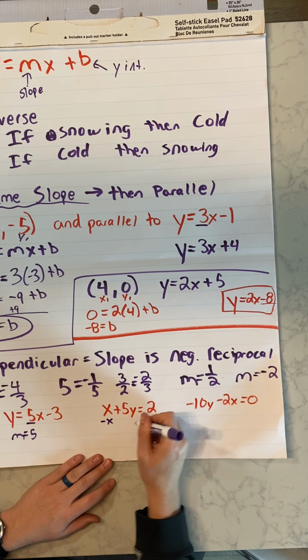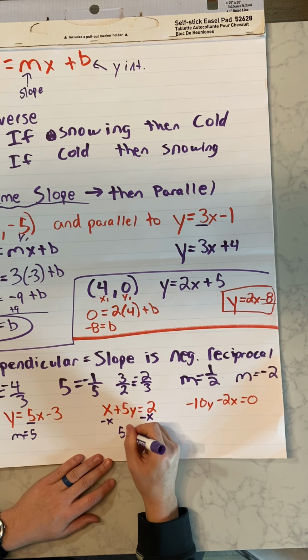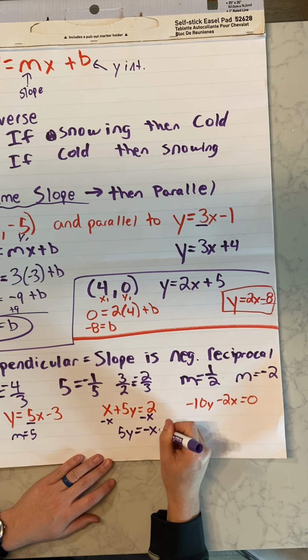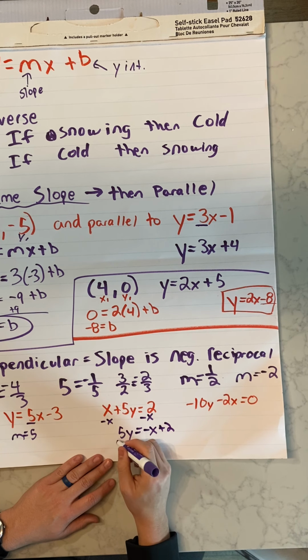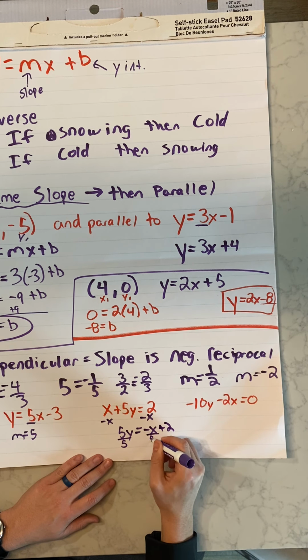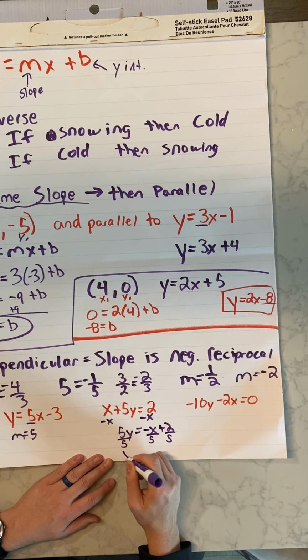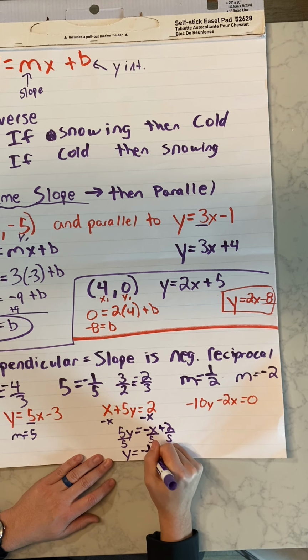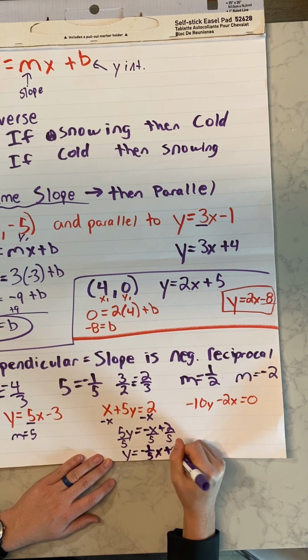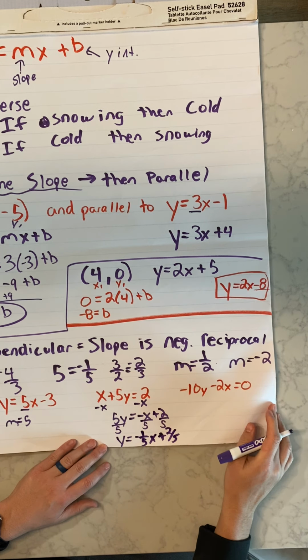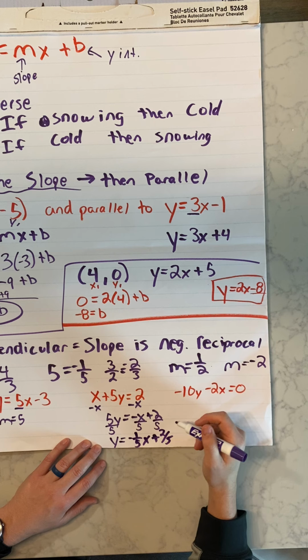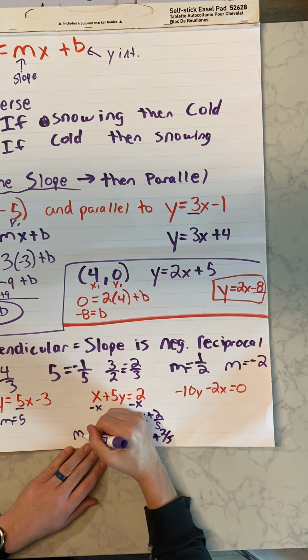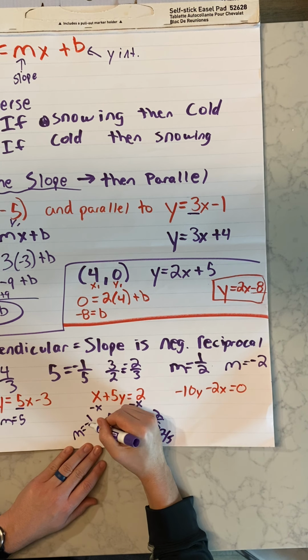So we're going to subtract x. 5y equals negative x plus 2. We divide by 5, each term, remember, y equals negative x over 5, which is like negative 1 over 5x plus 2 over 5. So our slope for the second one would be m equals negative 1 over 5.